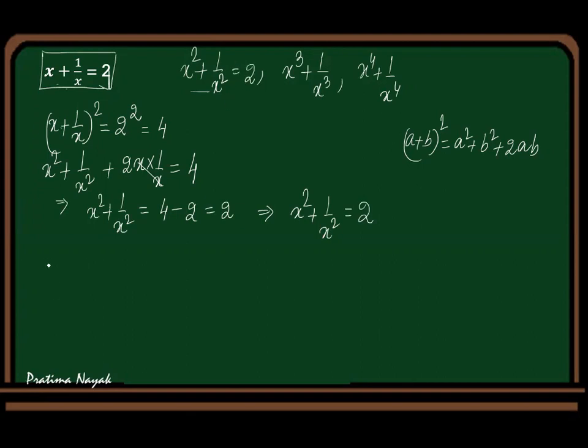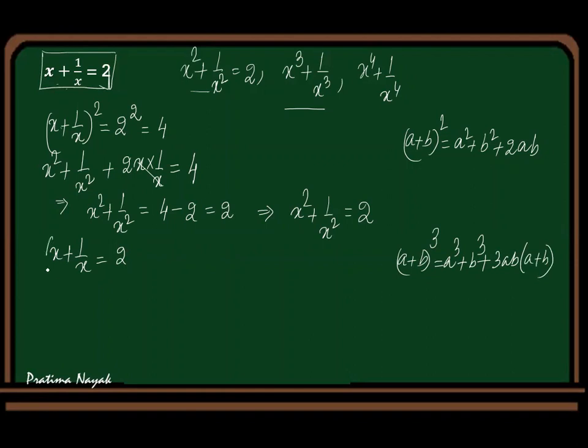Now coming to x cube plus 1 by x cube. For this, I'll take x plus 1 by x, then I'll take the cube on both sides. I'll apply the identity a plus b whole cube. What is it? It will be a cube plus b cube plus 3ab within bracket a plus b.